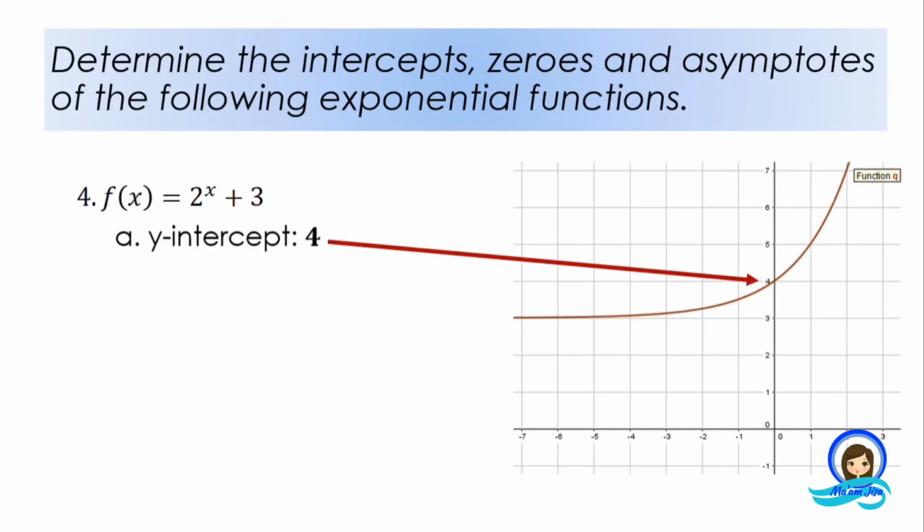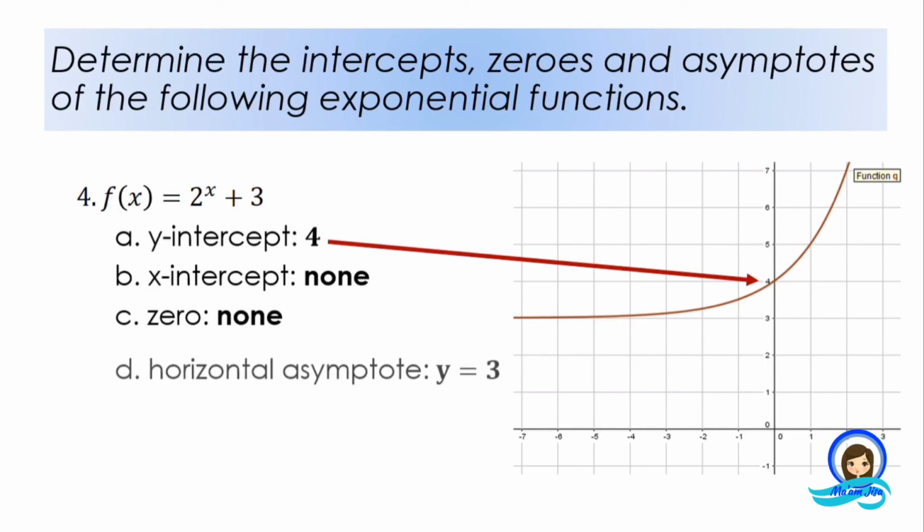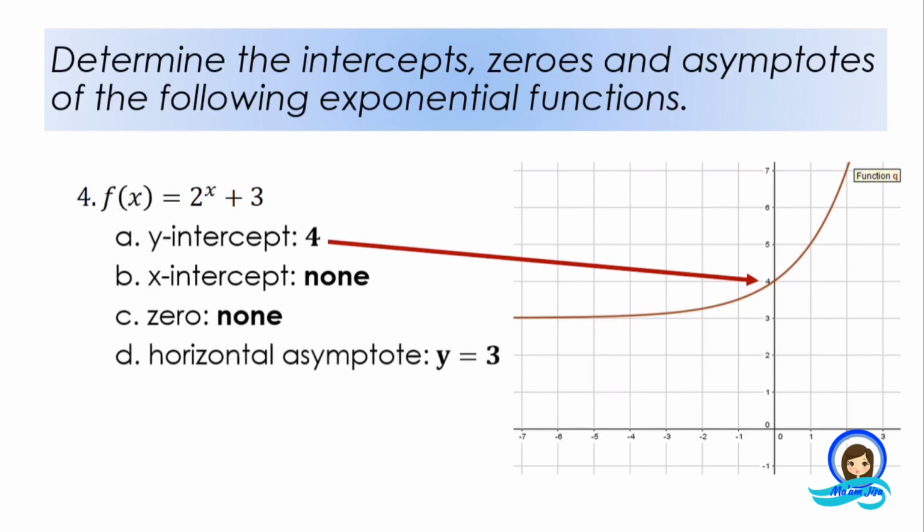You can see that the graph crosses at this value. This is our y-intercept. There is no x-intercept. There is also no zero. And with regards to the horizontal asymptote, as I've mentioned earlier, indeed it's the line y = 3. The graph keeps on approaching this particular value, but it will never cross it.